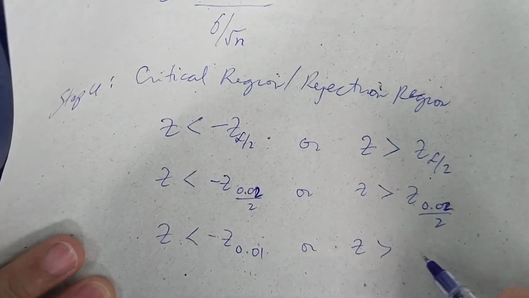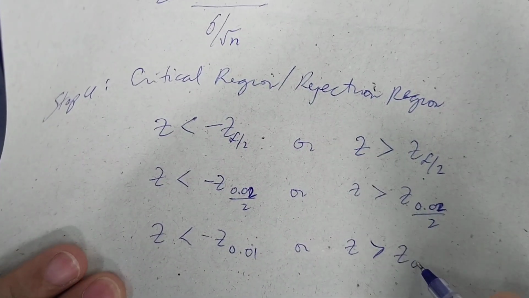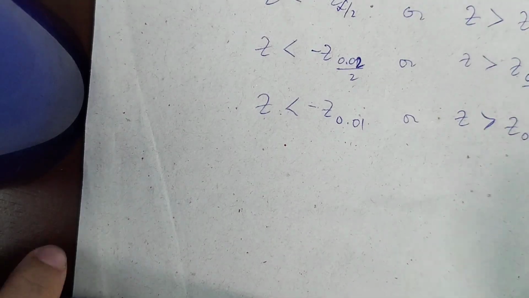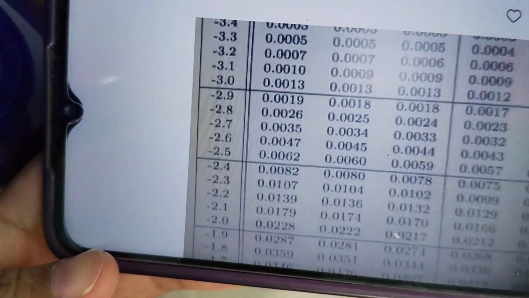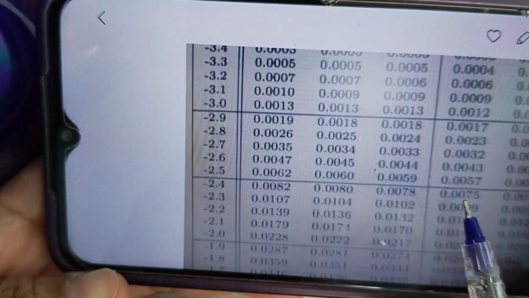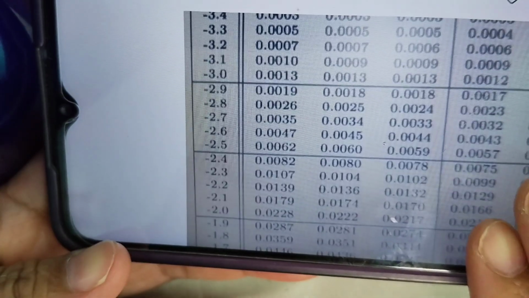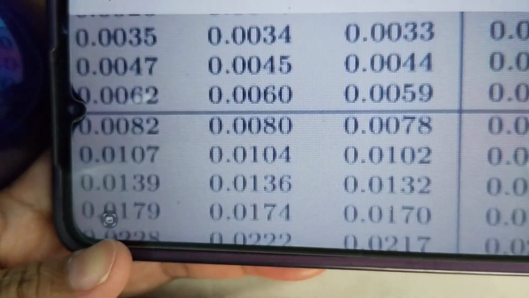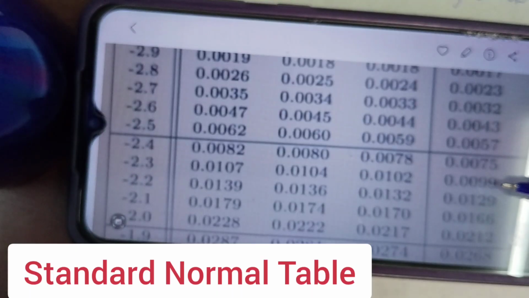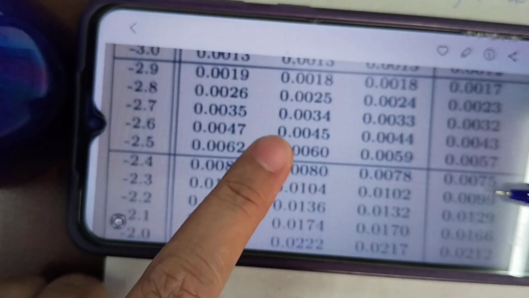Let's look at the value of this. The value for 0.01, the nearest in the table is 0.0099, and what is the equivalent Z?